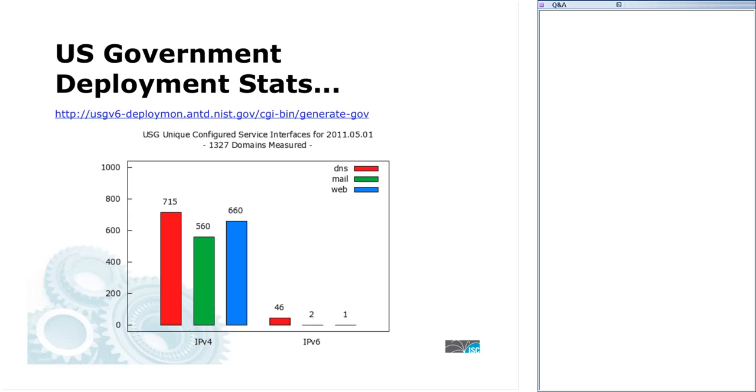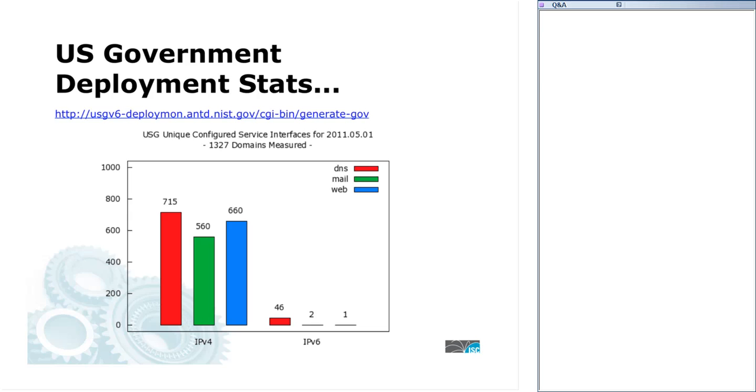And of the 715 DNS servers that were checked, 46 of them were IPv6 capable. Now, I don't know whether this is actually reachable over IPv6, producing data, Quad A records. My guess is that it is actually IPv6 reachable.